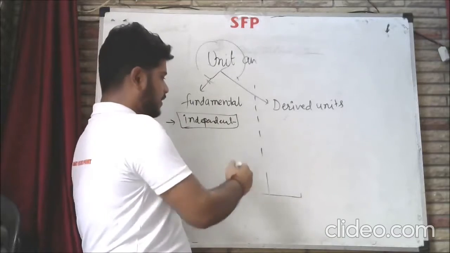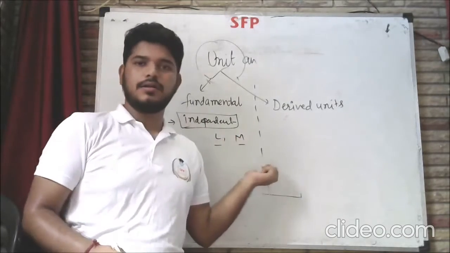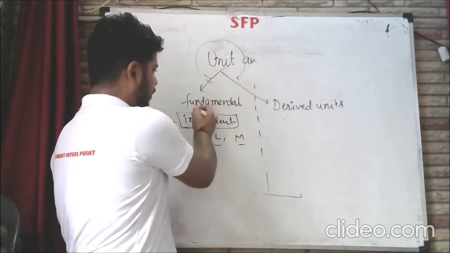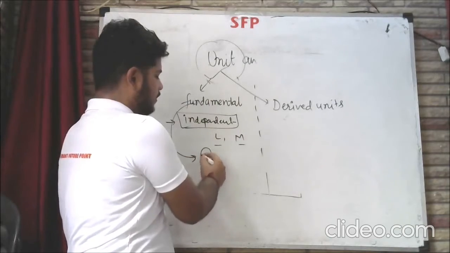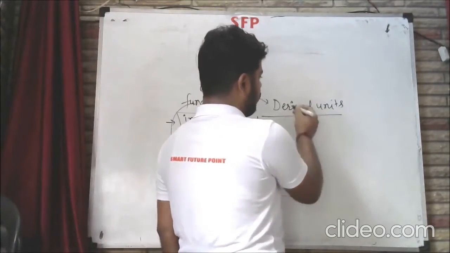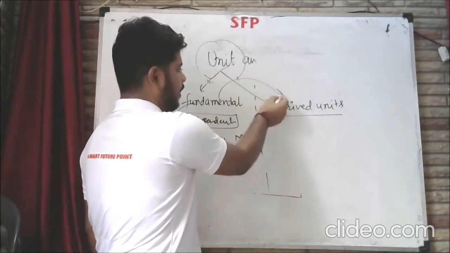For example, length and mass are both independent of each other. How many fundamental quantities are there? Seven fundamental quantities. And second are derived quantities. All the derived quantities are dependent on fundamental quantities.